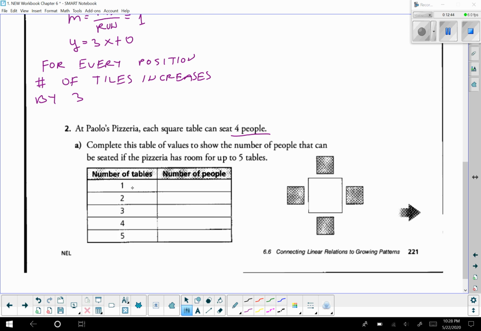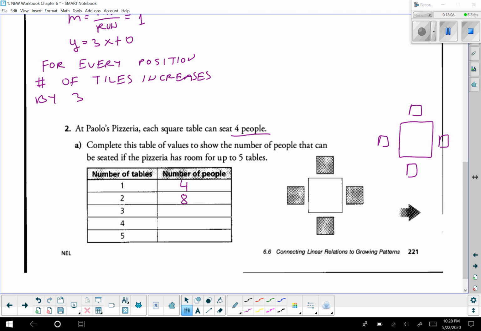So I know that if I have 1 table in this Paolo's Pizzeria, I can sit 4 people. If I get 1 more table, so let's say here's my big table, I know that this table is also going to have 4 chairs. There we go. So that means that if I have 2 tables in my pizzeria, I can seat 8 people.